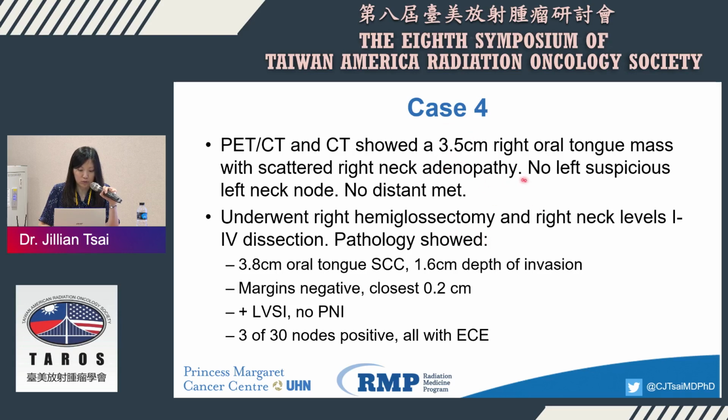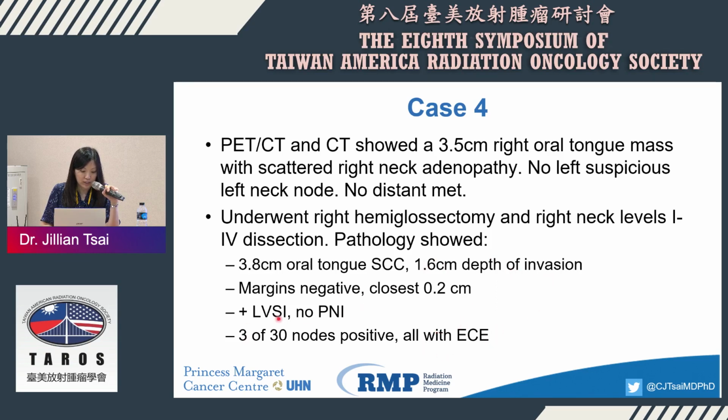So CT showed a 3.5 centimeter right oral tongue mass with right lymph node. And then the patient went to surgery, understandably, hemiglossectomy and right neck dissection. Pathology showed a T2, actually T3, because of the depth of invasion and extranodal extension.